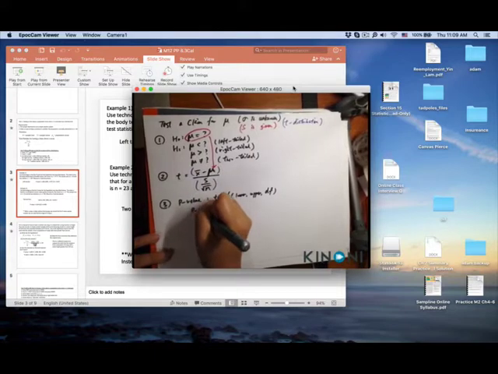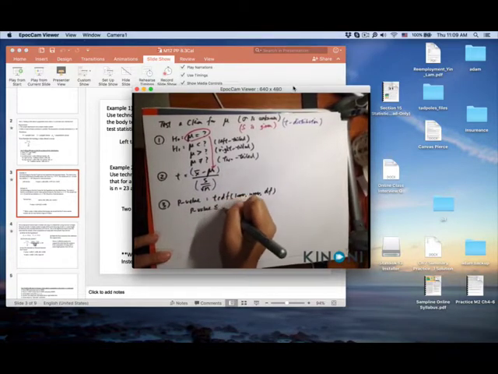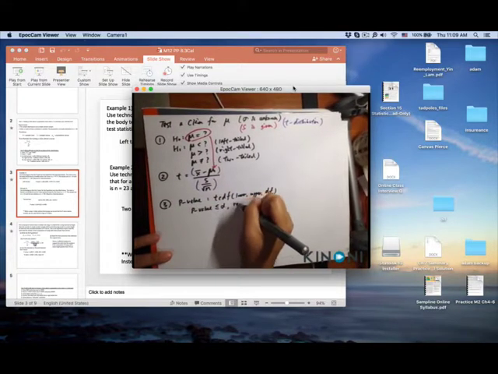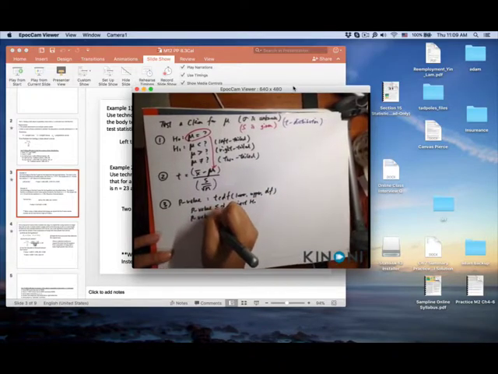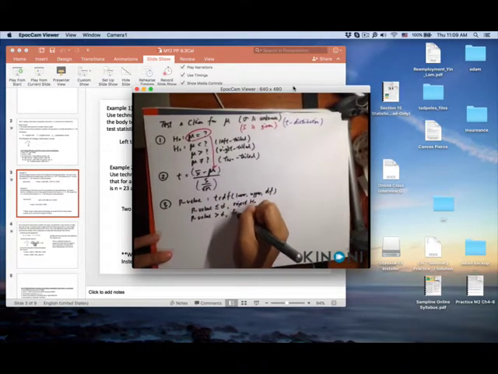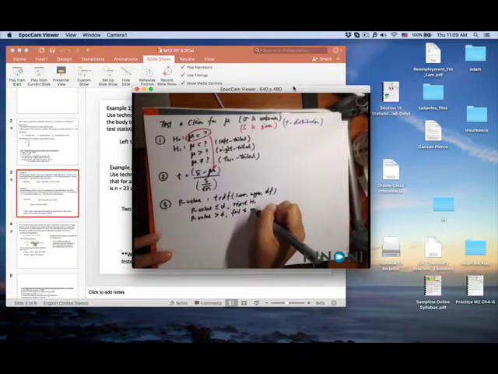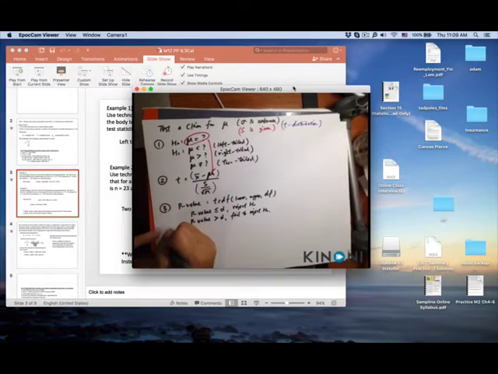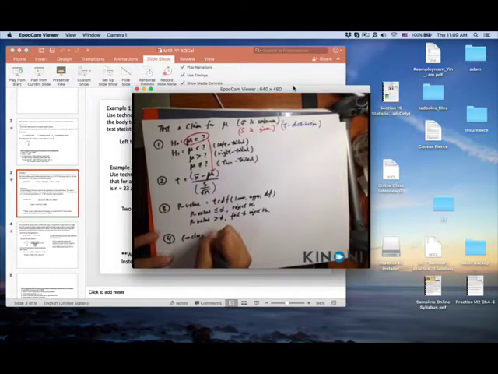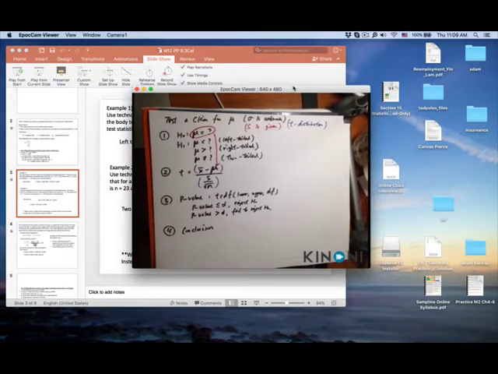If your p-value is less than or equal to alpha, you reject the null hypothesis. If your p-value is strictly greater than alpha, that will be fail to reject. And then number 4, conclusion. Okay, we will be using these 4 steps to do hypothesis testing for the population mean.